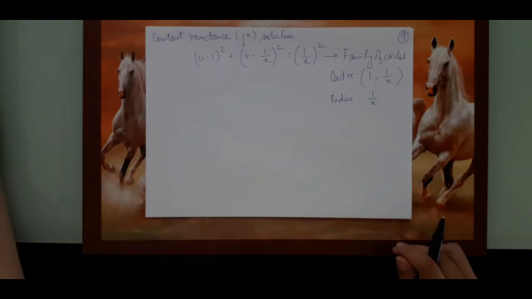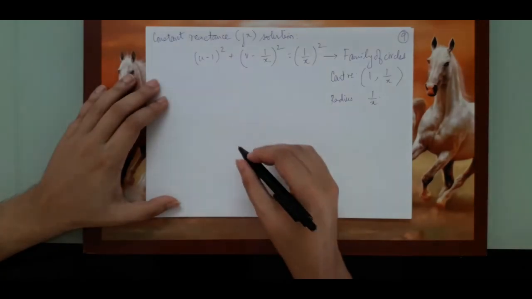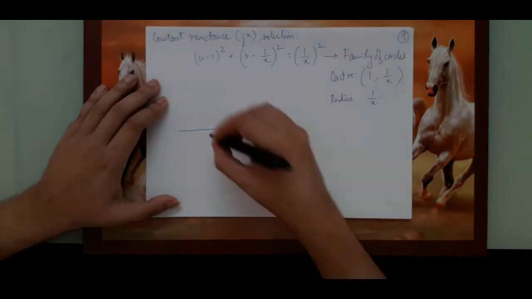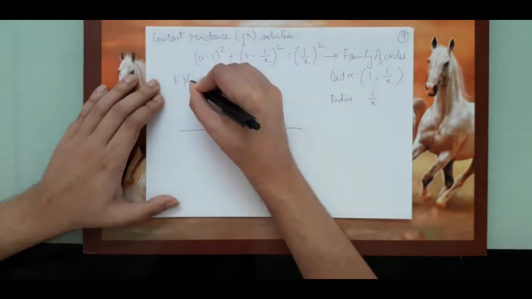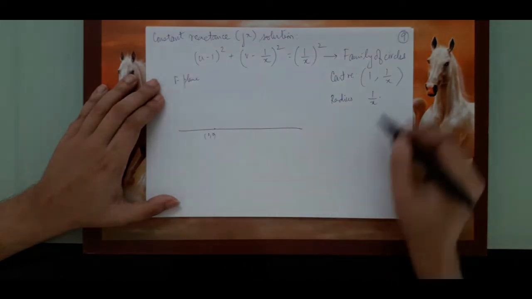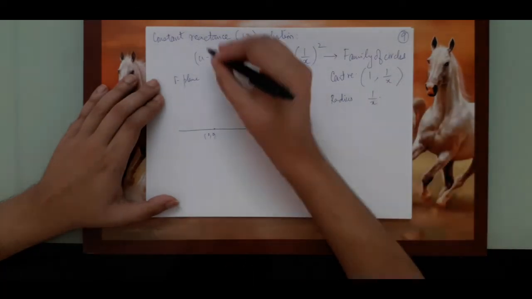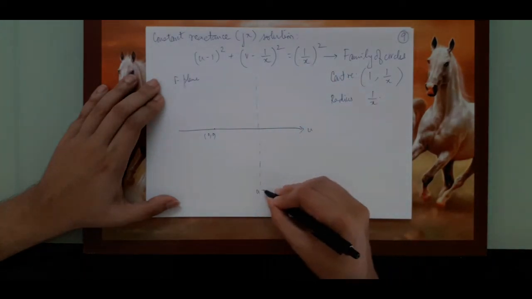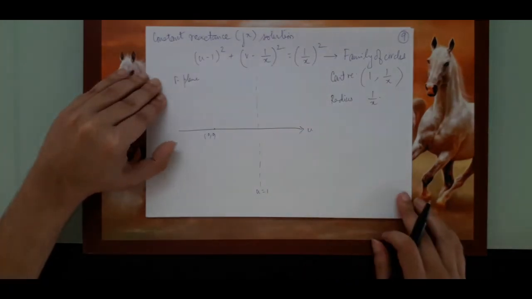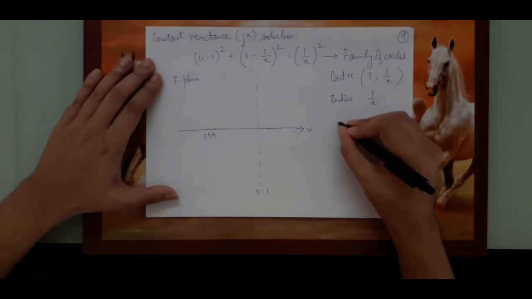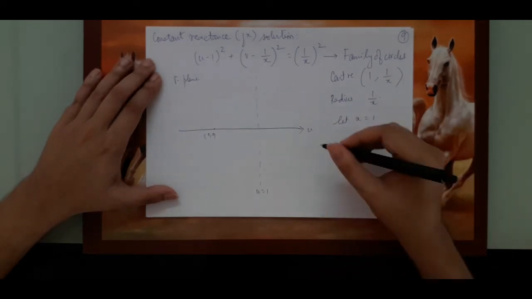Now what will they look like? The center will lie on the u equals 1 line. So let us take case 1.